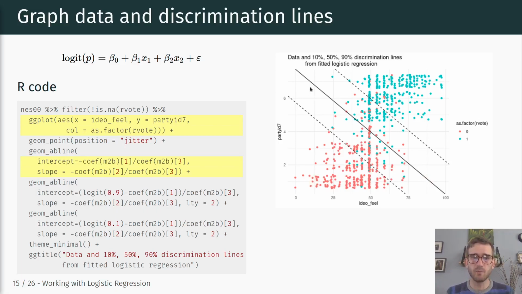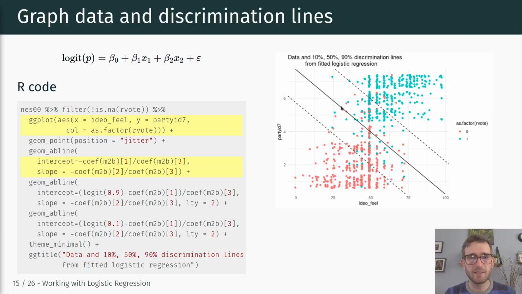And that means we can compute these discrimination lines that indicate equal probabilities for Republican votes. This lower dashed line here indicates 10% probability. This solid line indicates 50% probability, and this upper line indicates 90% probability of voting for the Republican candidate.